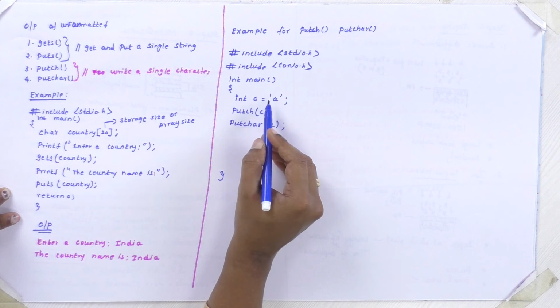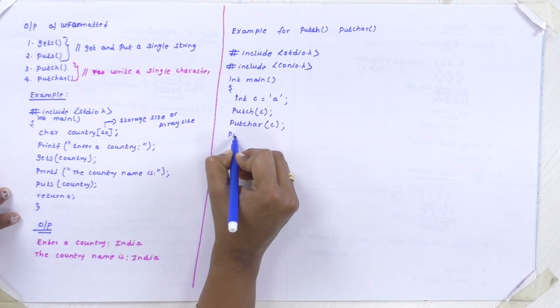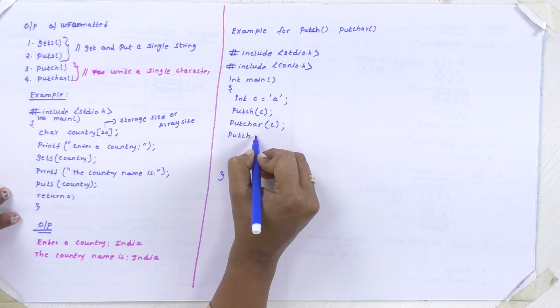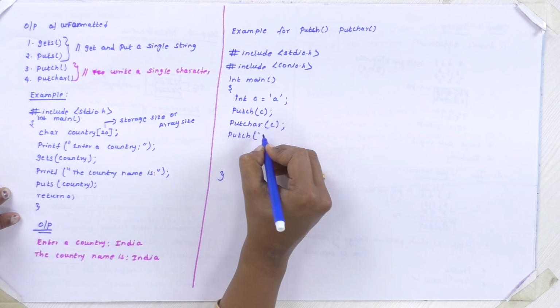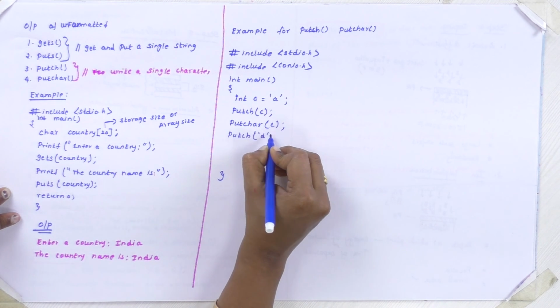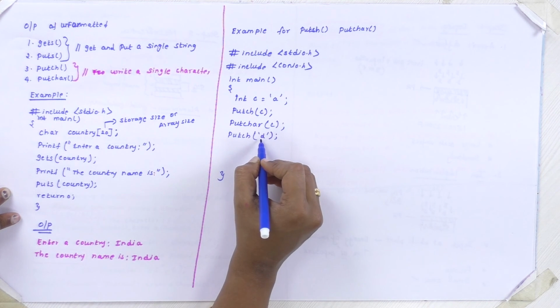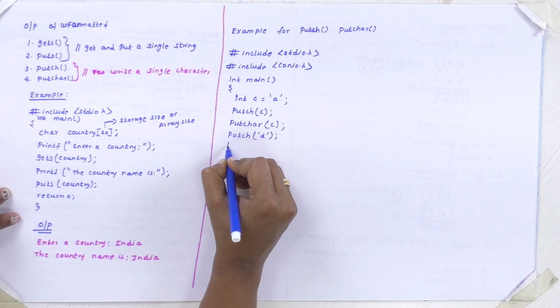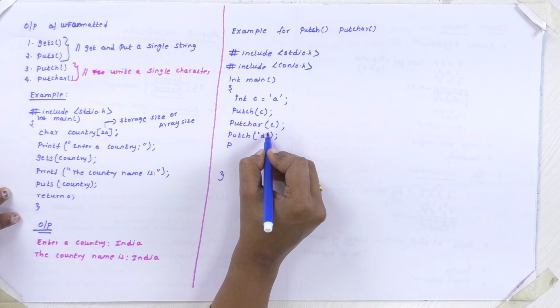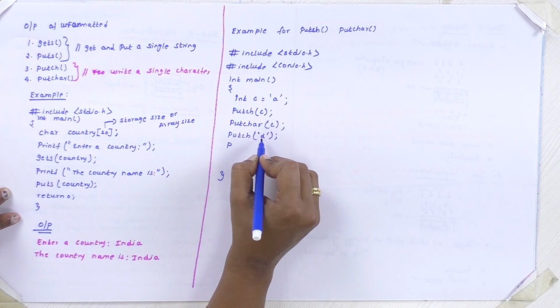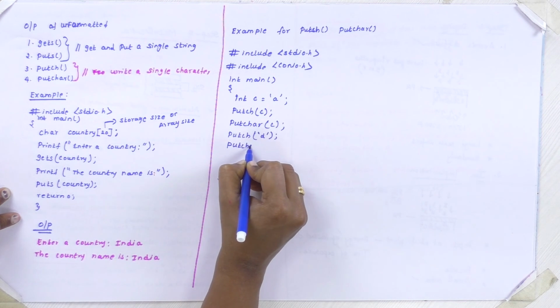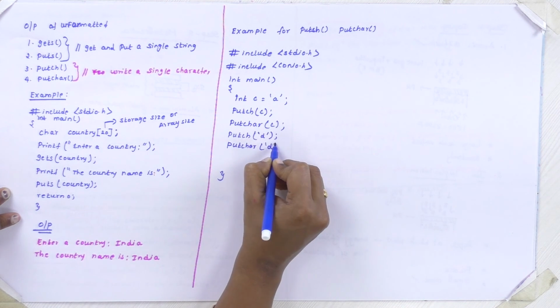So instead of assigning a value to the variable, you can directly display a character by giving it inside single quotes. So it will take the character as D. When you give it inside double quotes, it will print the character D. Same thing you are using here.